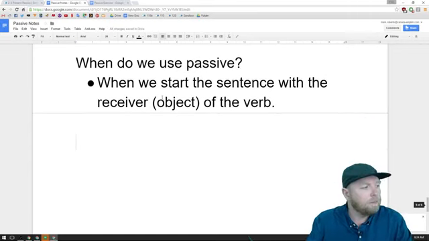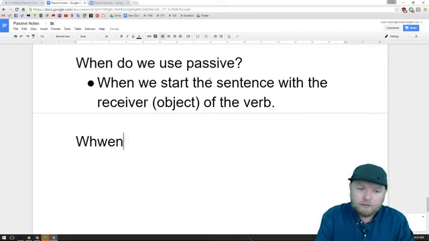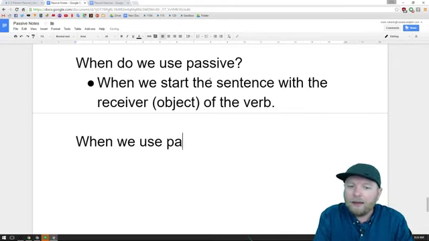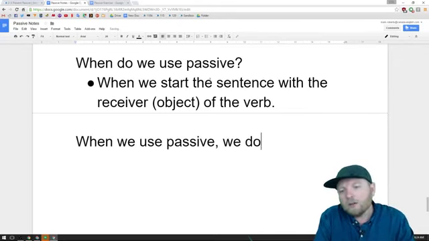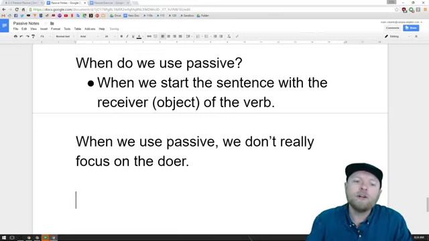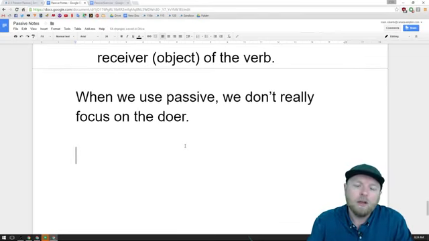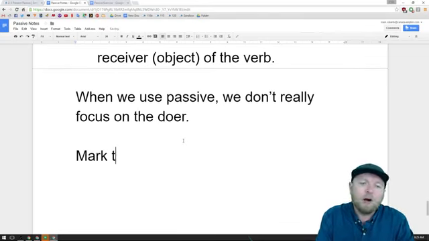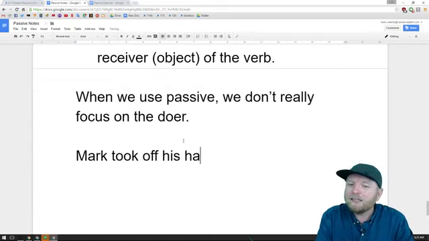Okay. I think Yasin asked me, when we use passive, we don't focus on the doer. We don't focus on the doer. Okay? Example, Mark took off his hat.